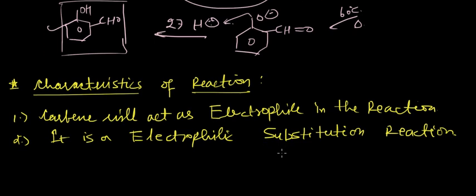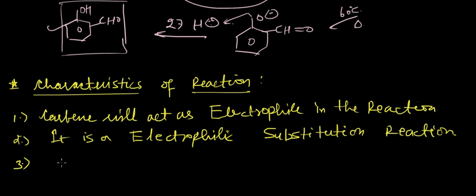The third point is that the molecular weight of phenol increases by 28 in this reaction. Why 28? I think you guys can figure it out, because of the attached CO group.